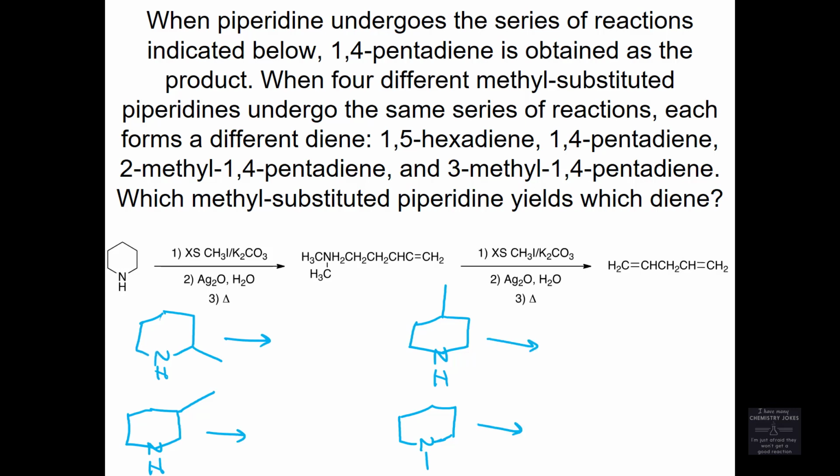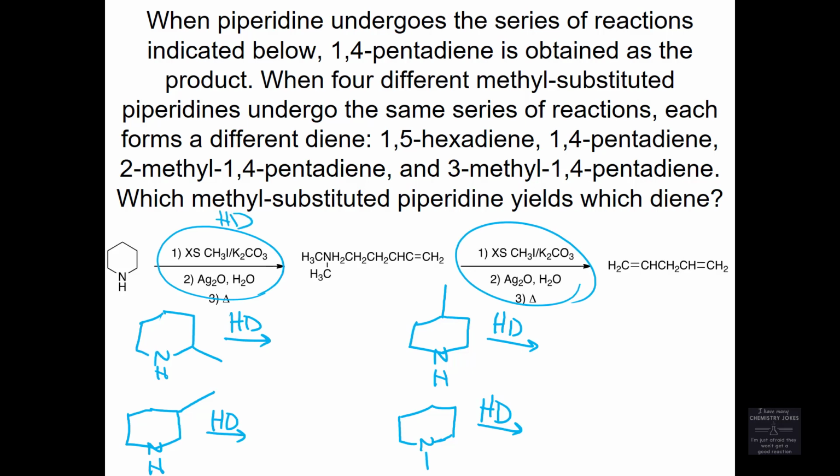Because we said these steps are called Hofmann degradation, I'm just going to put HDs on all these arrows because I don't have enough room to write out all the stuff. But each of them needs to go through 2 Hofmann degradation steps like this. This is an HD, not a Harley Davidson.